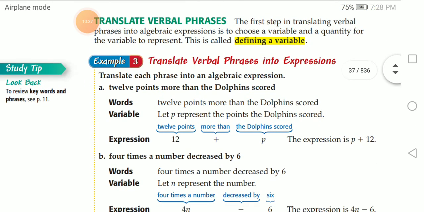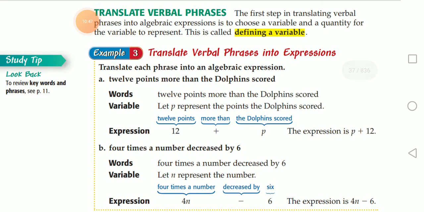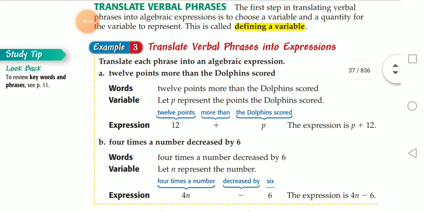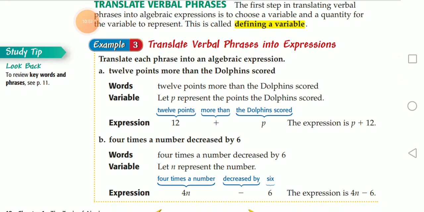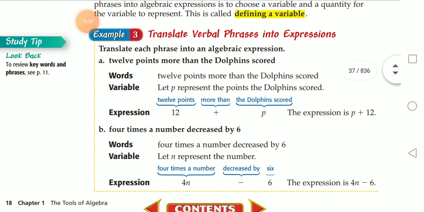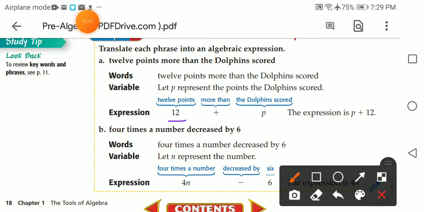I want to mention everything in detail. Translate verbal phrases. The first step in translating verbal phrases into algebraic expressions is to choose a variable and a quantity the variable will represent. This is called defining a variable. Translate each phrase into an algebraic expression. 12 points more than the Dolphins scored. 12 points means 12.